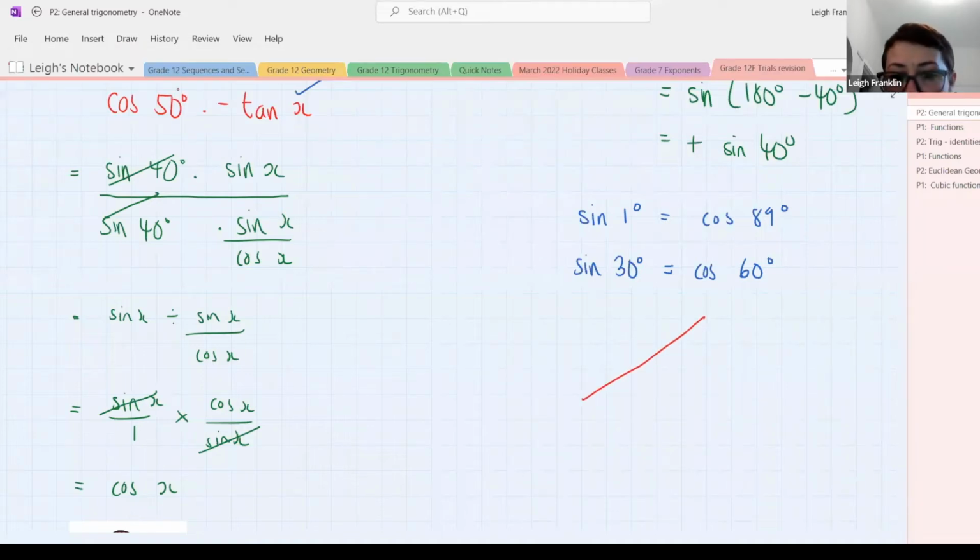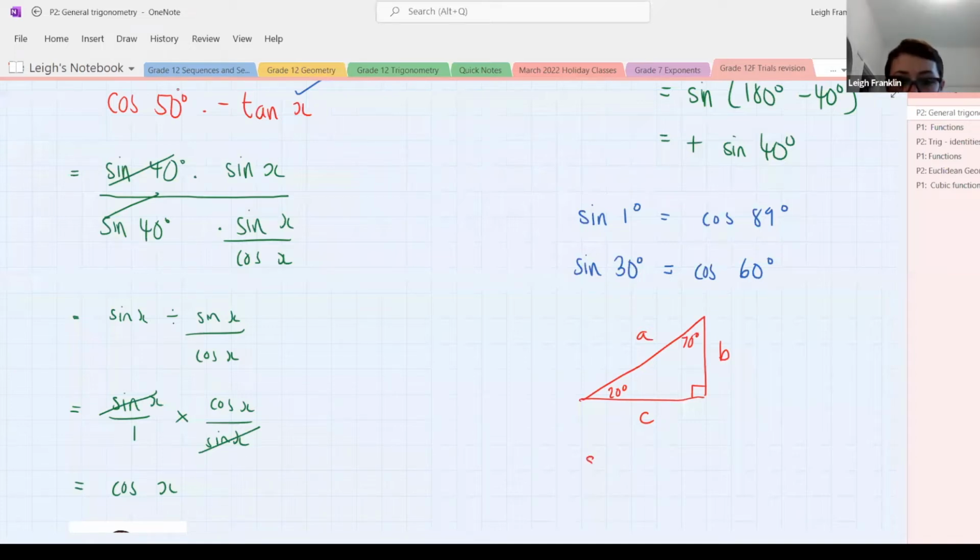Let's do a triangle, a right angle triangle, and let's call the sides A, B, and C. Now let's pretend that this angle over here is 20 degrees, and that angle over there is 70 degrees.